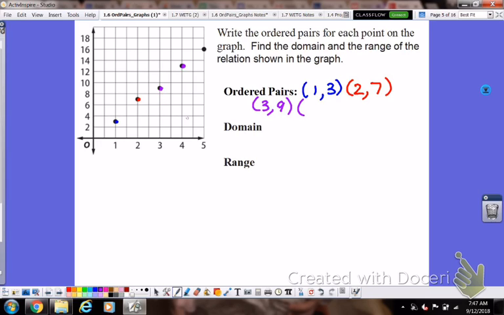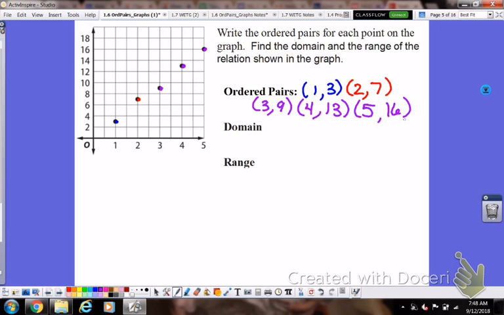And if we keep going, we're over 4, 2, 4, 6, 8, 10, 12, 13, so (4, 13). And finally (5, 16).